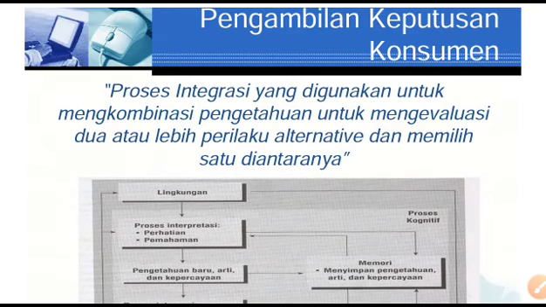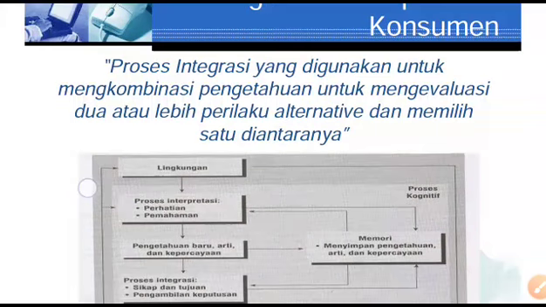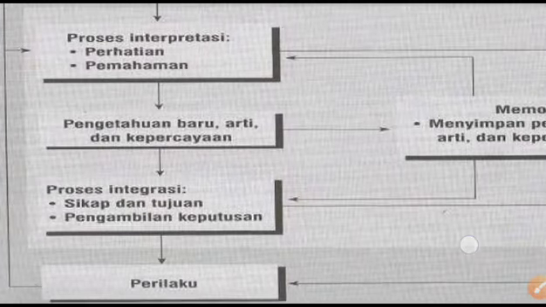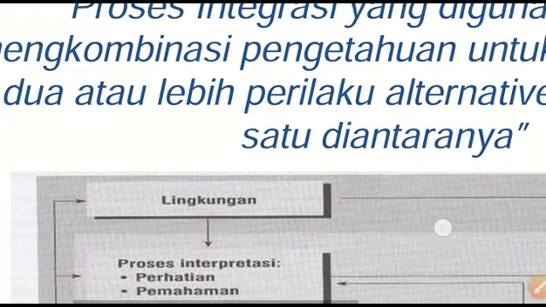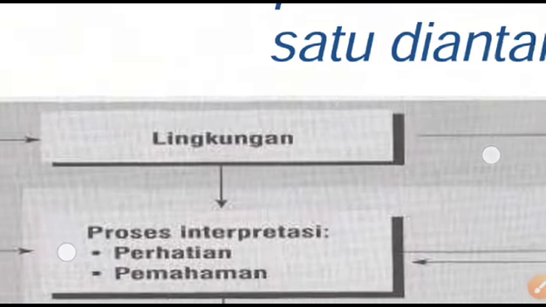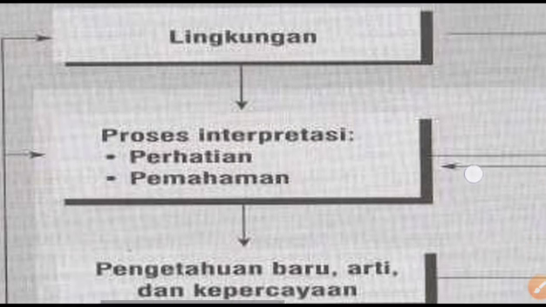So how does the consumer take a decision, or decision buying? The first is several processes before the consumer buys the product. The first is influence by improvement.